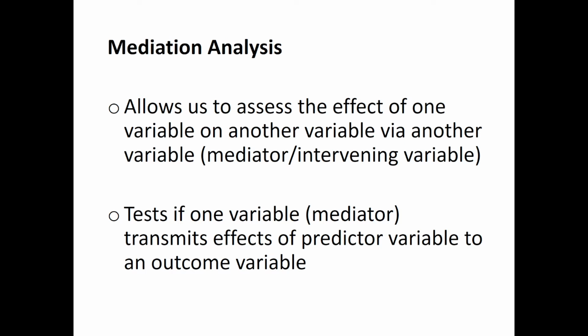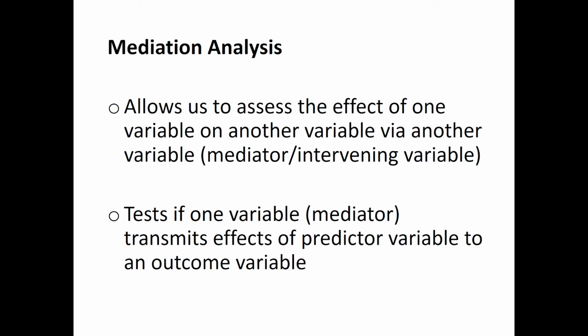We have a middle variable, which is relaying the effect of a particular variable to another variable. That's mediation analysis. So it helps us to test if this mediator really transmits the effect of a predictor variable to the outcome.